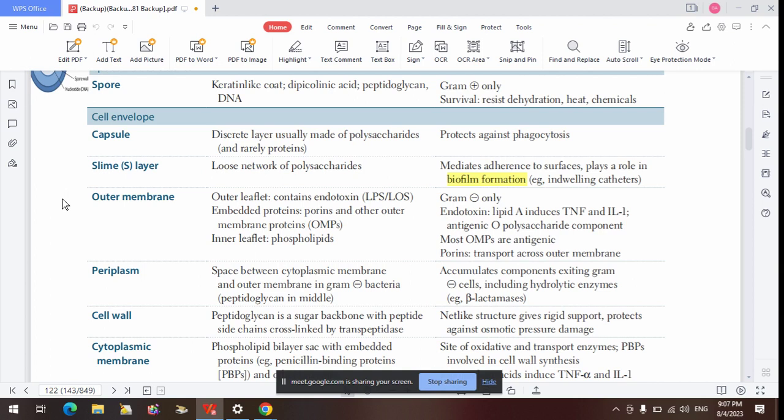Why? Because what is mediating those changes? Endotoxin. Endotoxic shock. Because endotoxin is eliciting inflammatory cytokines that increase vascular permeability, causing fluid to leave the vessel and reducing perfusion to the organs. Because what is shock? Reduced perfusion to the organs. So what type of shock is this? This is not the heart failing.